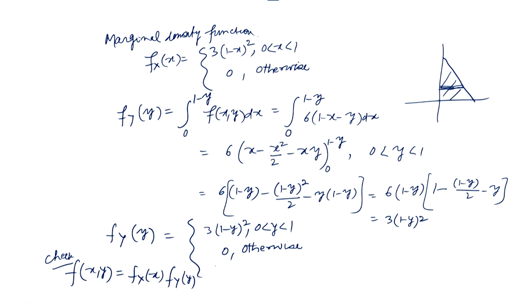We are given that f(x,y) is equal to 6 times (1 minus x minus y) when x is greater than 0, y is greater than 0 and x plus y is less than 1, and 0 otherwise.